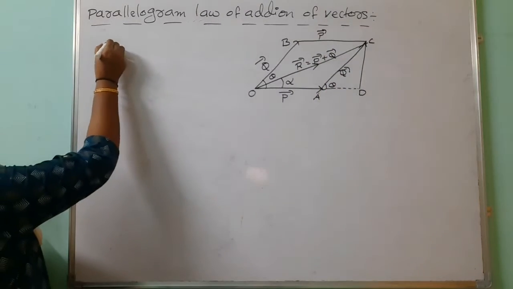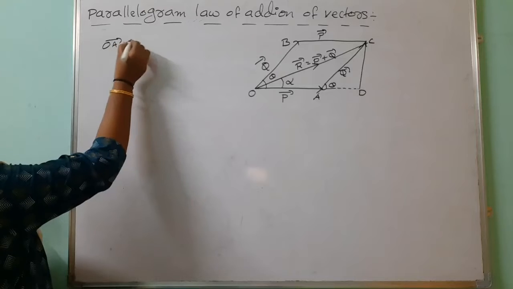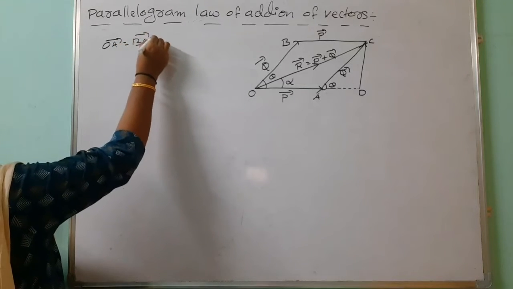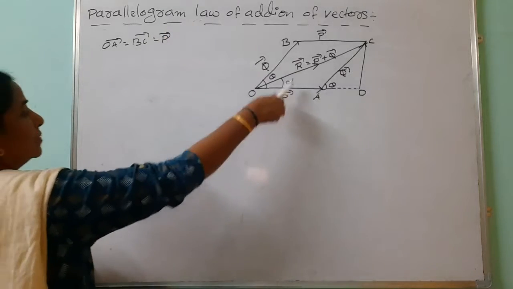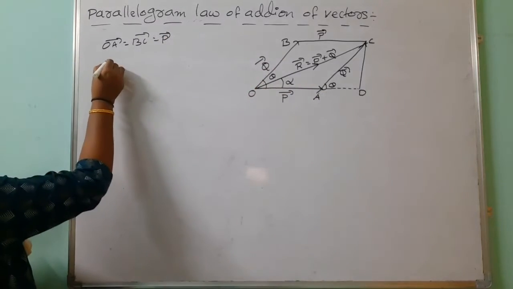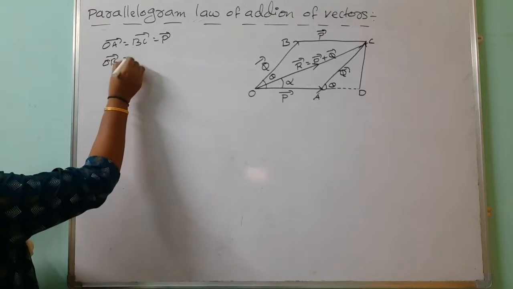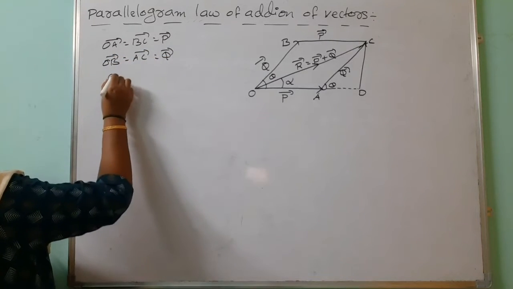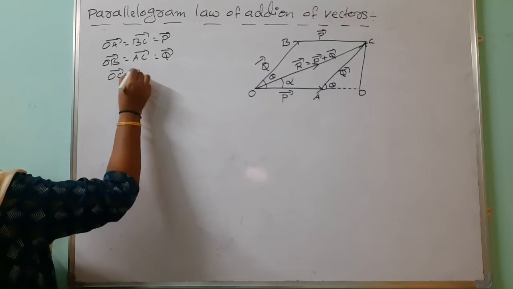Now we write OA bar equals BC bar equals P bar, because both are opposite sides. Next, OB bar equals AC bar equals Q bar. Then OC bar equals R bar.